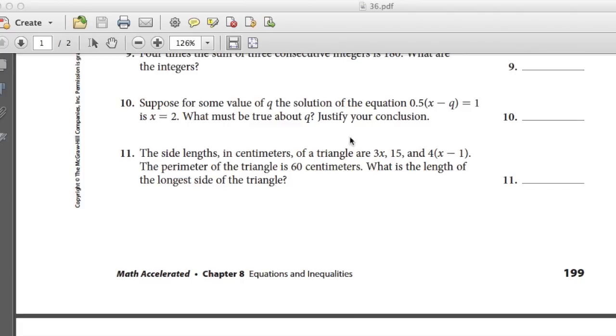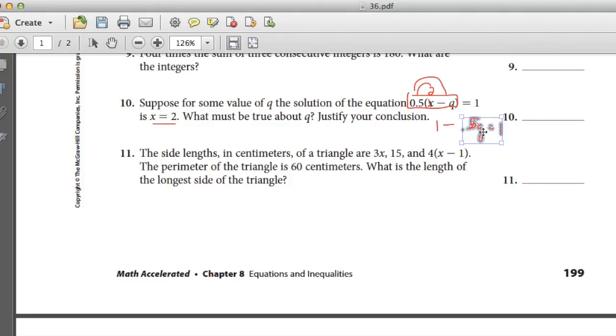For number 10, there's an equation 0.5 times the quantity x minus q equals 1. And the solution is x equals 2. So what I did is I put the 2 in for x, and then I distributed 0.5 times 2, or 1/2 of 2 is 1, minus 0.5 times q, so 1 minus 0.5q equals 1.